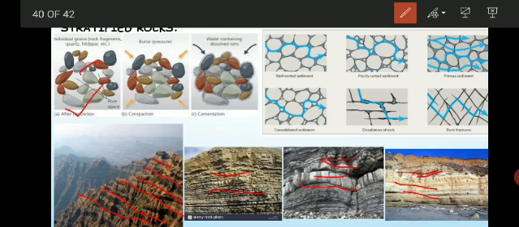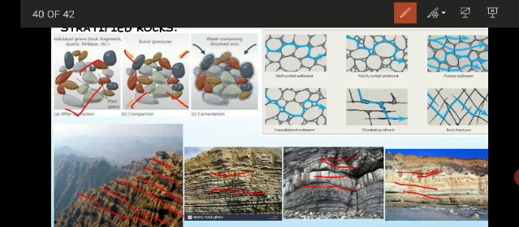Once they get buried into some basin, it may be an oceanic basin or a river basin, compaction takes place. After burial, from all sides the sediments get compacted, meaning they come closer and closer.